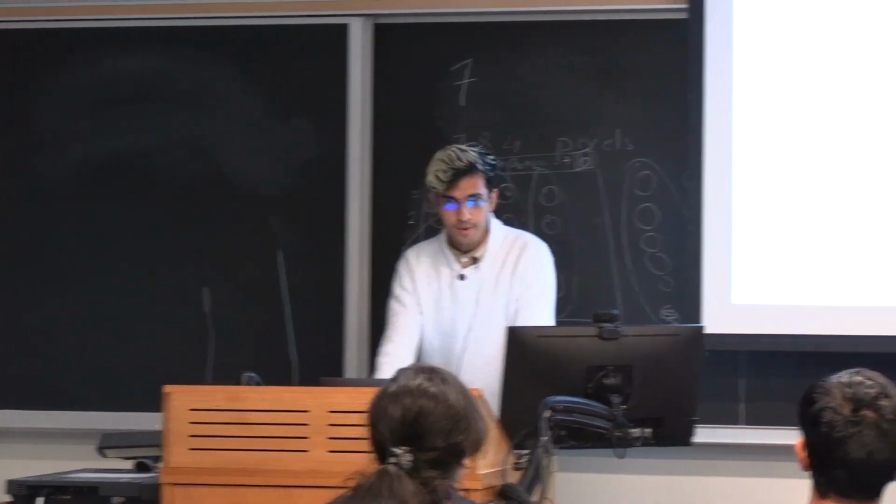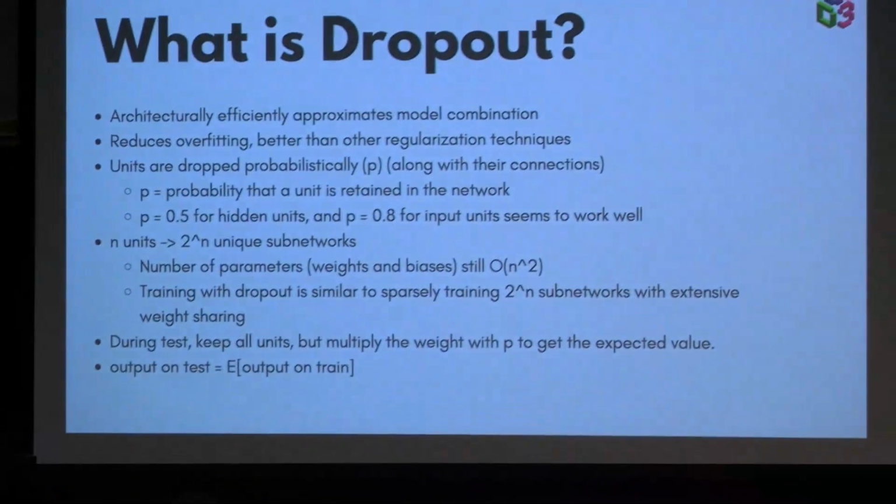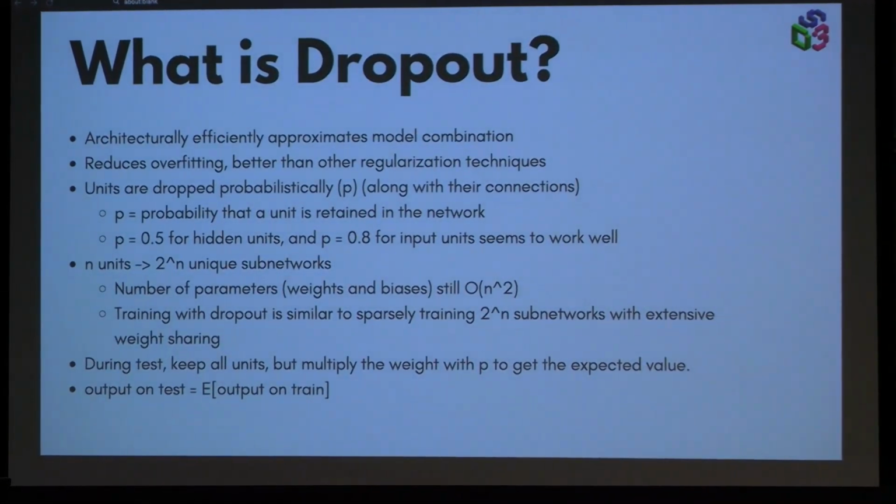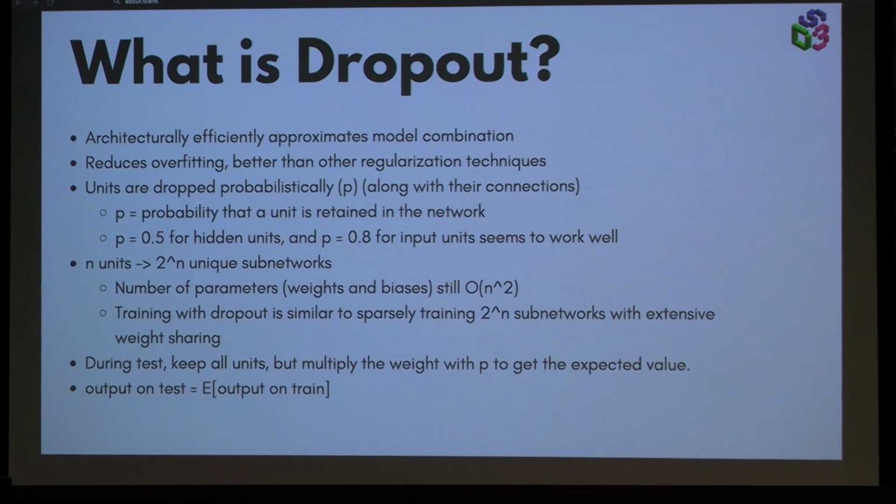So in comes Dropout. What is Dropout? It's an architecturally efficient technique for approximating the model combination, right? So, like I said, of course, we can't really figure out all possible combinations of weights. Not only that, those weight tweaks are for a specific network architecture.